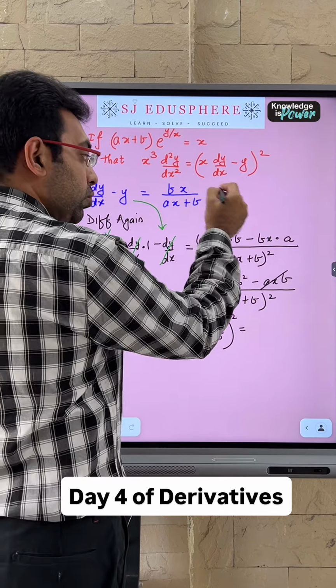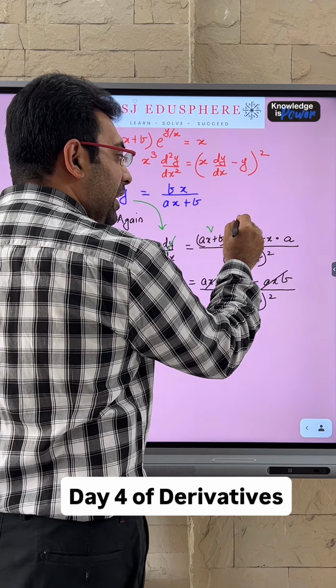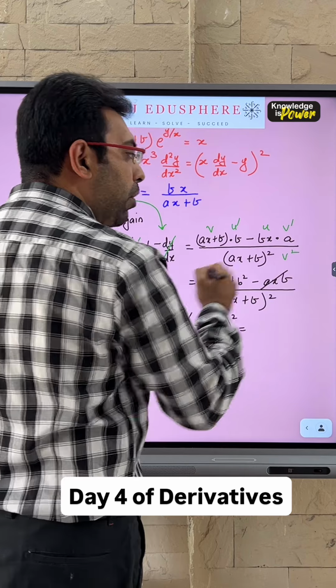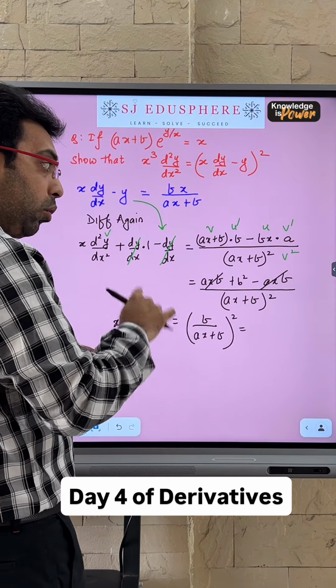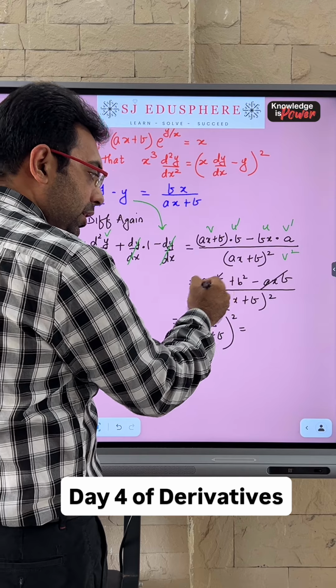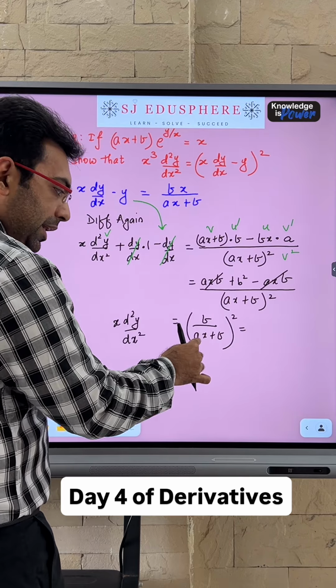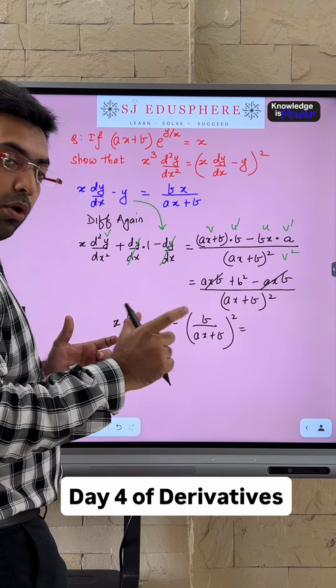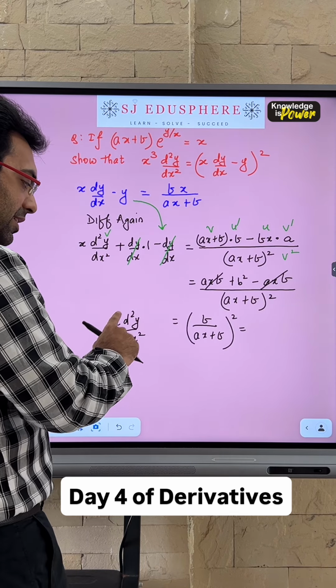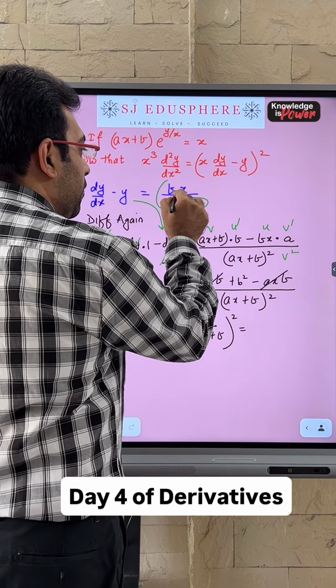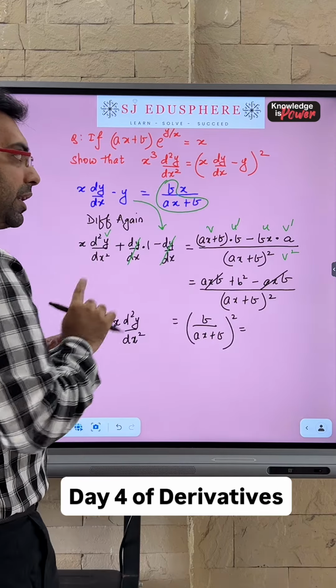On the right hand side, u upon v is v derivative of u minus u derivative of v upon v square. On opening this bracket up, the term ax b gets cancelled, leaving me over here with b upon ax plus b the whole square. And on the left hand side, I have only this part. Now comes the main part, where can I say this was already here?